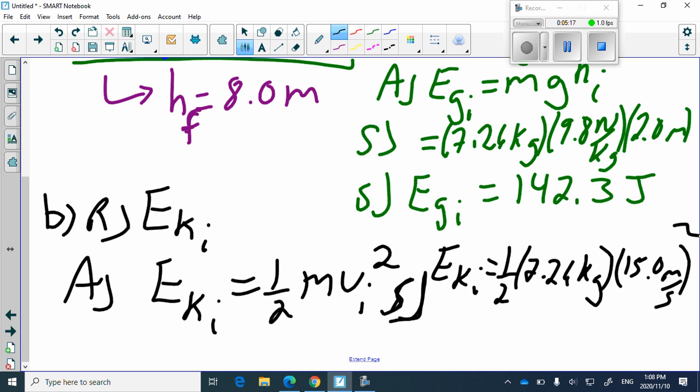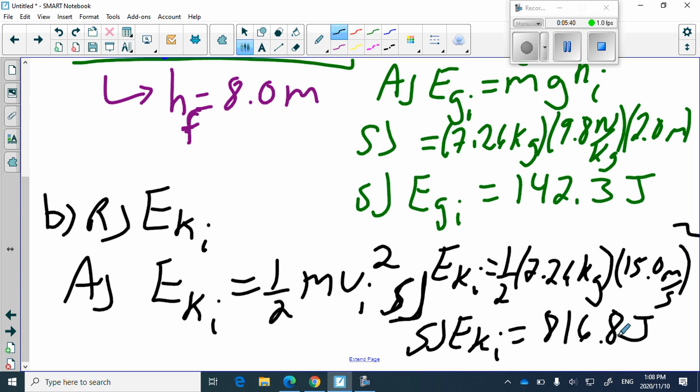So it's 0.5 times 7.26 times 15 squared, and we get 816.8. That's the kinetic energy initial. So far, so good? Okay, so that's B.